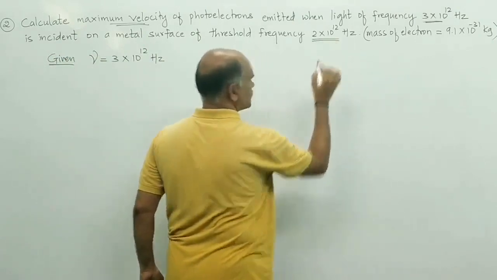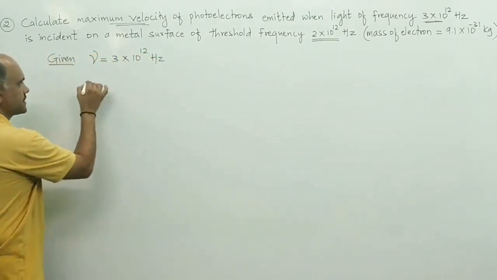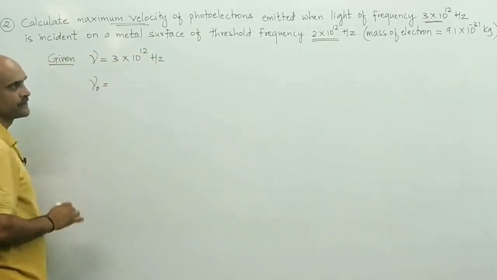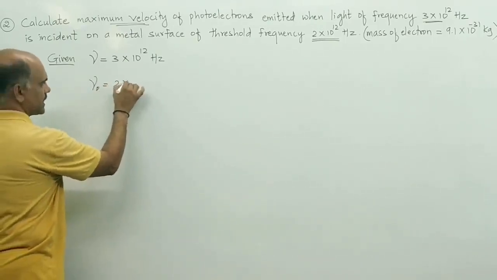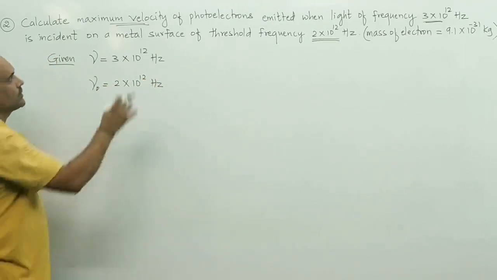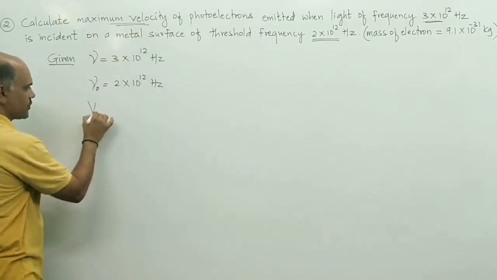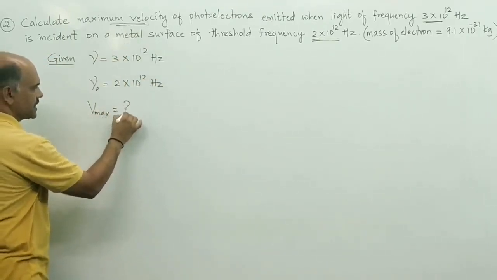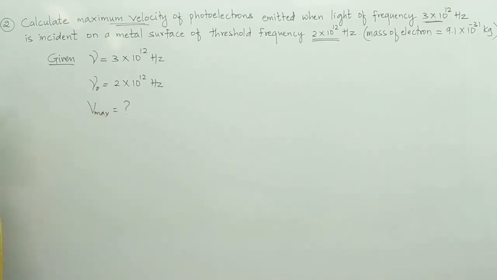He has given threshold frequency, means nu naught he has given 2 into 10 raised to 12 hertz. You are required to find maximum velocity of photoelectrons emitted, that is Vmax.